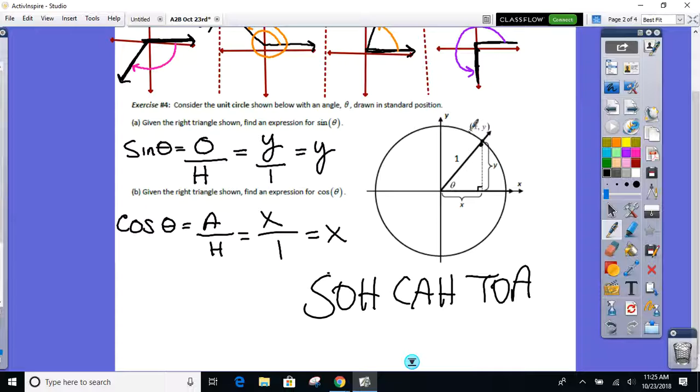The y coordinate represents the sine of the angle. So again, one last time: if we're on the unit circle, which we will always be for the most part this week, the y coordinate is the sine of the angle, and the x coordinate is the cosine of the angle.